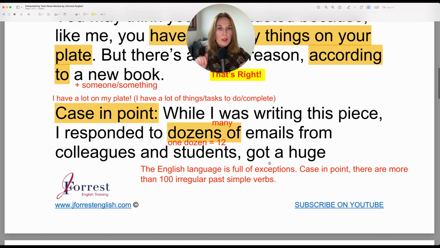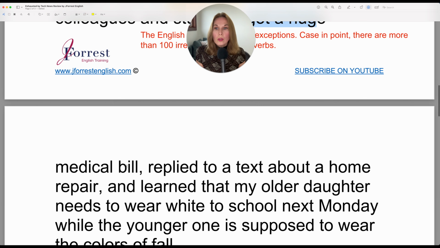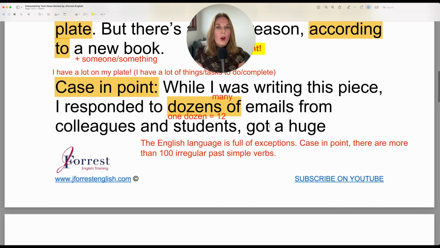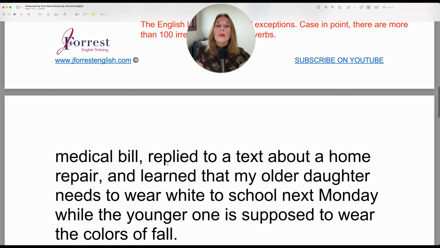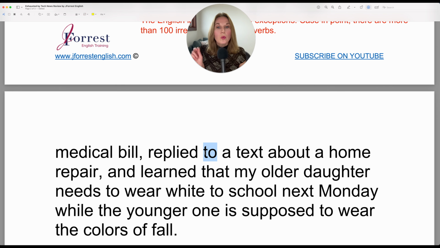So the dozens of emails, got a huge medical bill. So got is a common replacement to received in a more everyday way. Got a huge medical bill. Replied to a text. So here you replied to, notice that preposition, replied to a text about a home repair. So a home repair is something you need to fix, repair in your home.